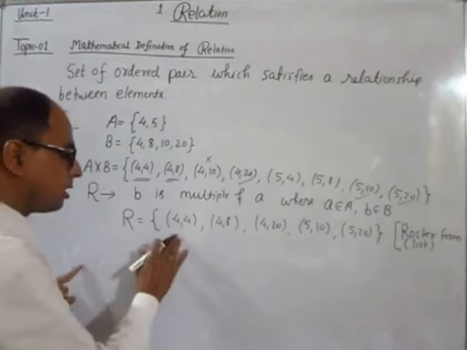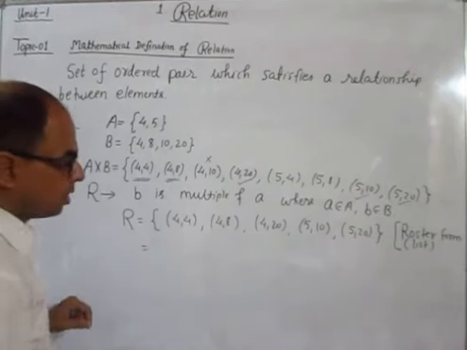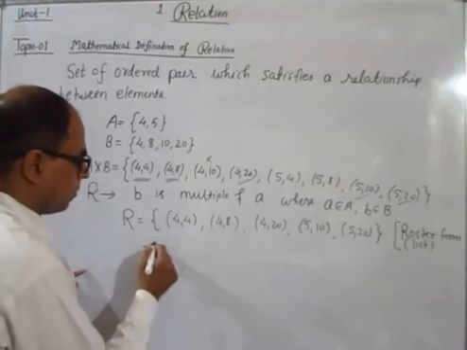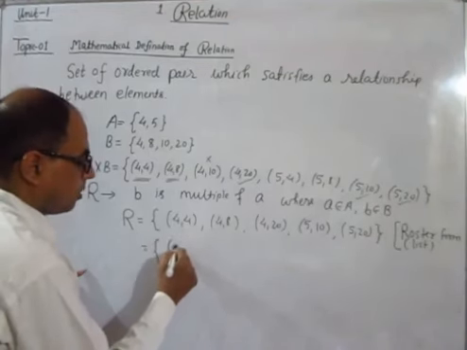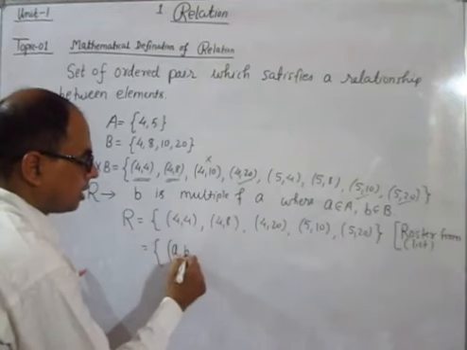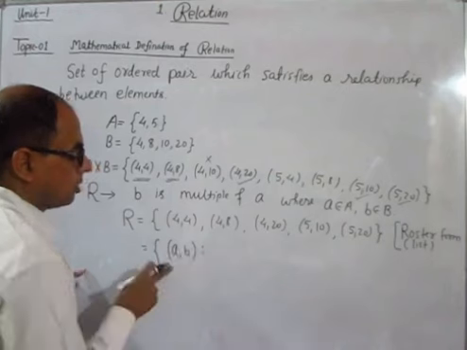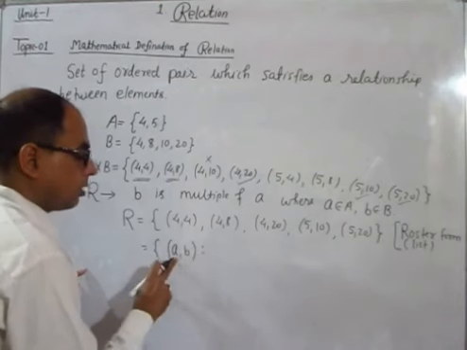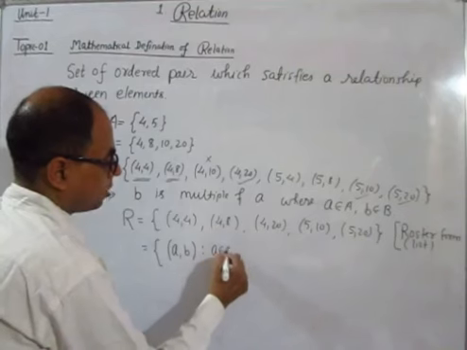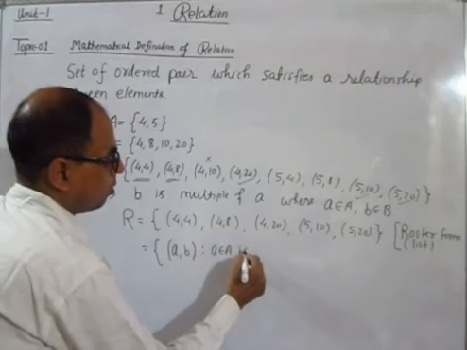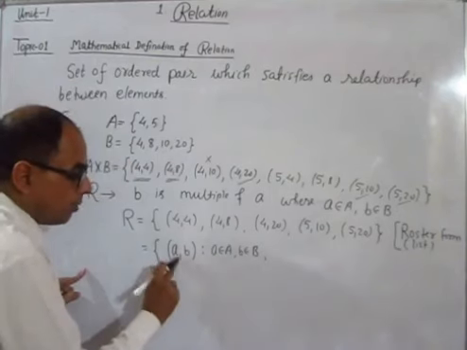Now we can represent this relation in set builder form also. So we can represent this relation in this form also. First element A is related with second element B of the ordered pair, such that this is read as A is related with B, where A belongs to set A and B belongs to set B. And what is the relation between B and A?